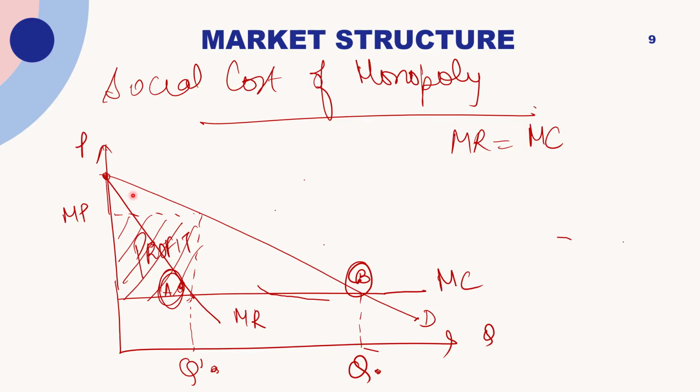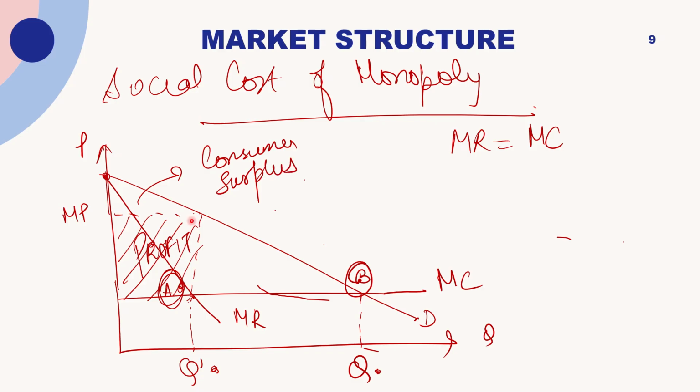Your surplus is your willingness minus your actual. That means how many people are willing minus how many people are actually buying that product. So this part is what they are willing to give, and this point is your actual. So this triangle, whatever is the area inside, is known as your consumer surplus. Let's write this down. Consumer surplus.